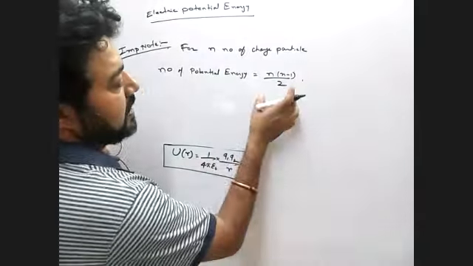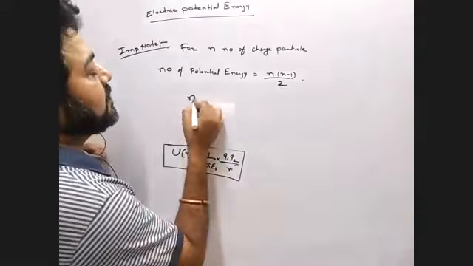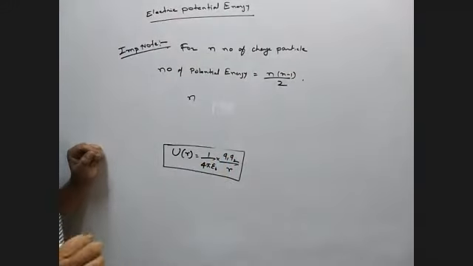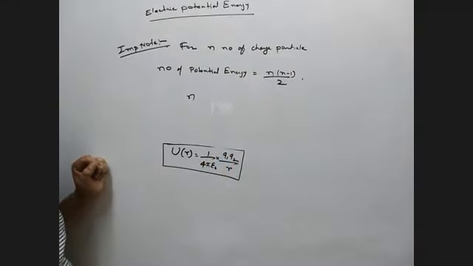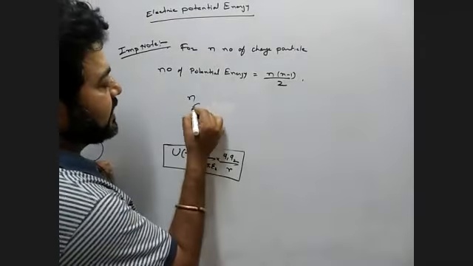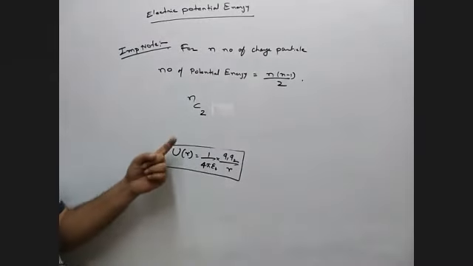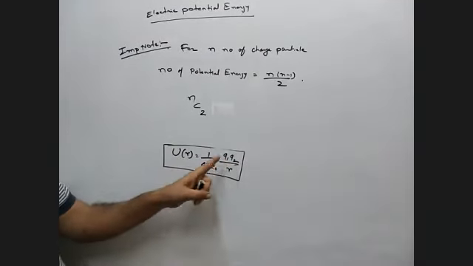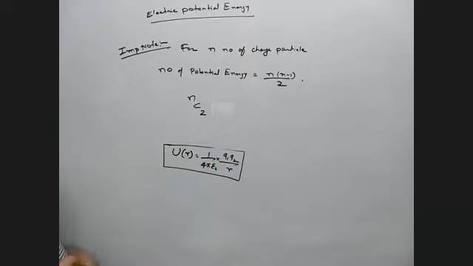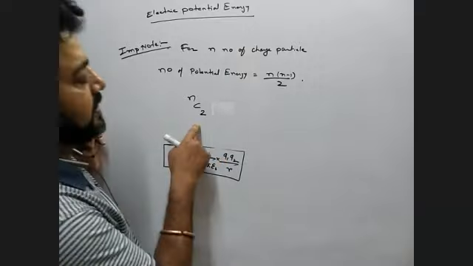So if n number of charged particles are present at a time, and you have to select 2 at a time, because for one potential energy you need 2 charged particles, that is called the combination of two charged particles.